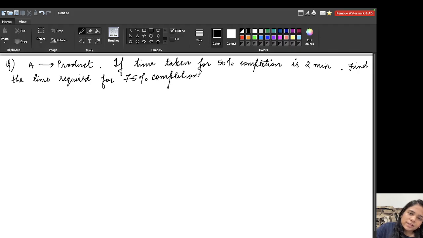So let us do one thing. Let's first attempt it by using the formula. Then we'll use the unitary method.